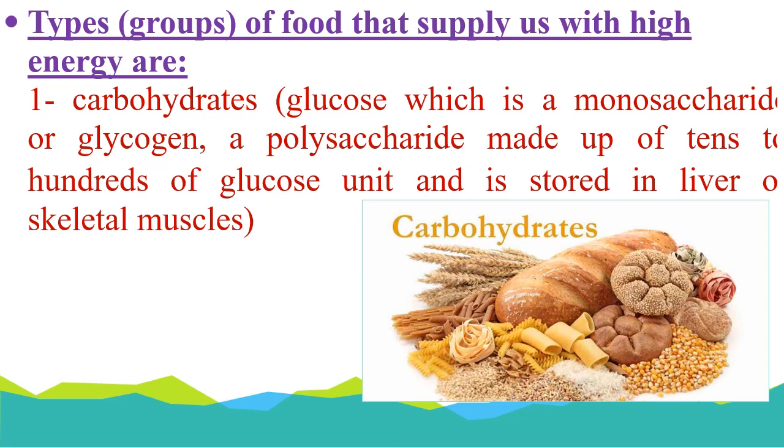Glycogen is built inside liver and skeletal muscles. As you see here, bread, pasta, rice, and corn, etc. are all energy food.